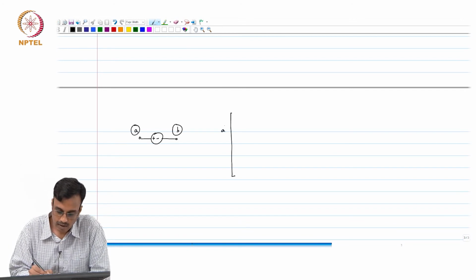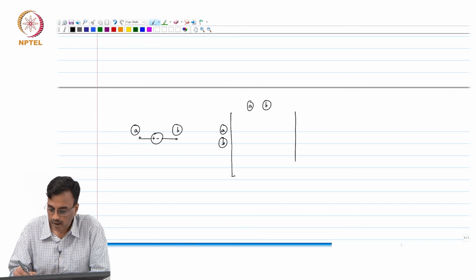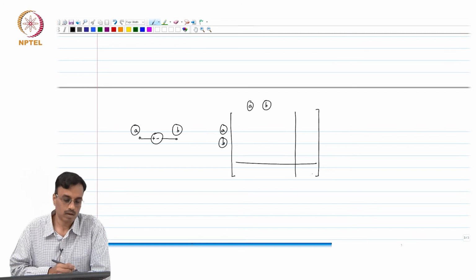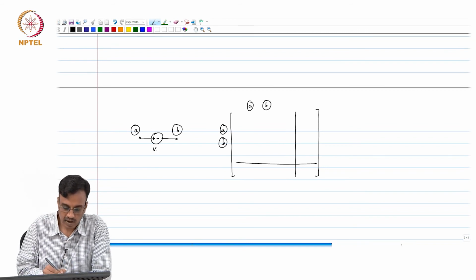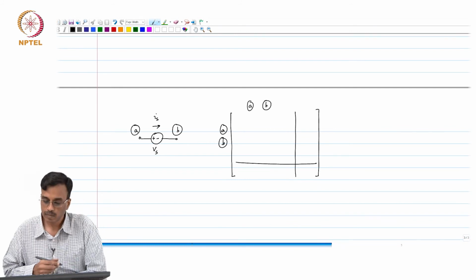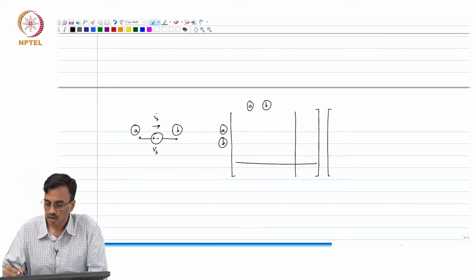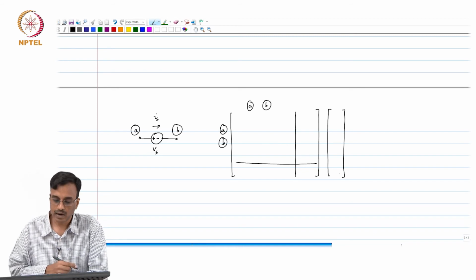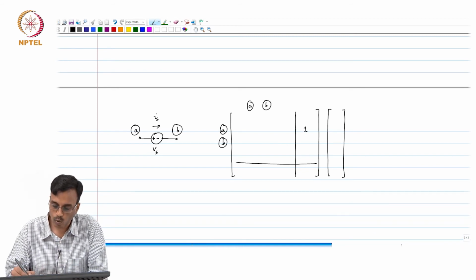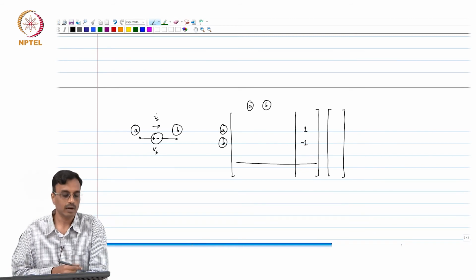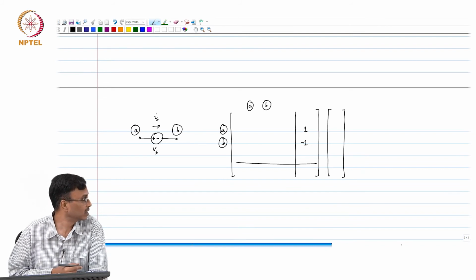You had the a-th row and the b-th row as well as the a-th column and the b-th column, and you add an extra row and column. So, this is Vs, and this is the current extra variable Is. With the augmented conductance matrix, what you do is you put in a 1 and a -1 between the nodes A and B in the a-th and b-th rows.